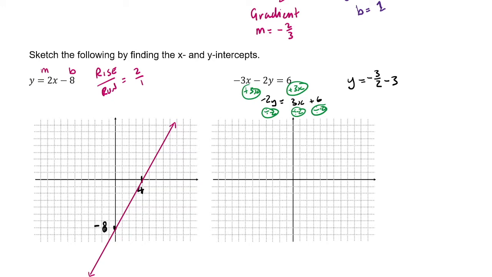So I'm going to go down, let's go 1, 2, 3. Okay, and I'm just going to go across a couple. We're going to see this a little bit more in action. This is our rise over run here.